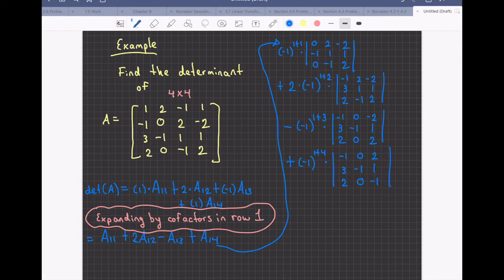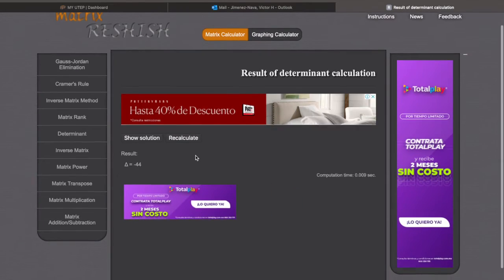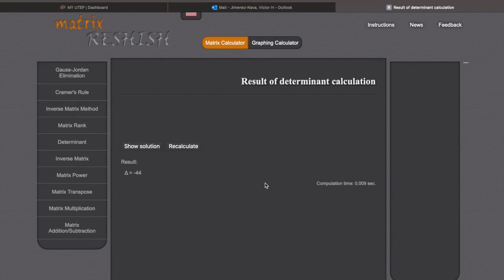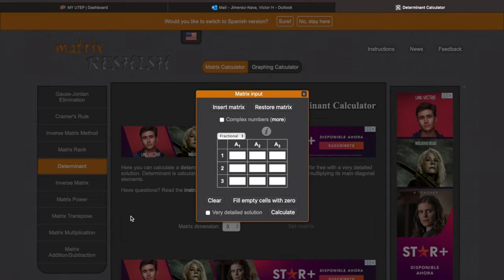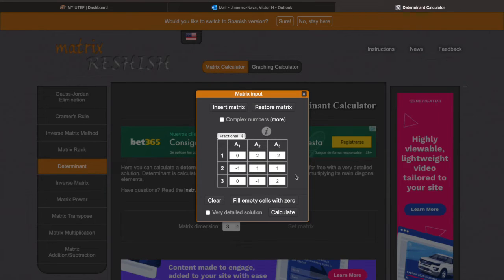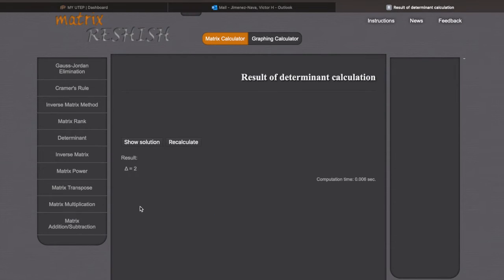The first one is the determinant of the 3 by 3 matrix 0, 2, -2, -1, 1, 1, 0, -1, 2. Calculate. The answer is 2.